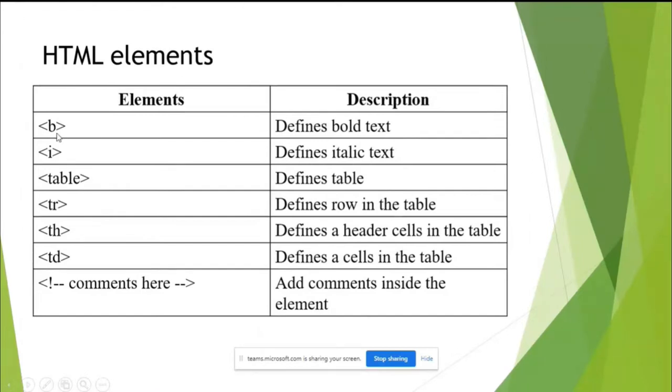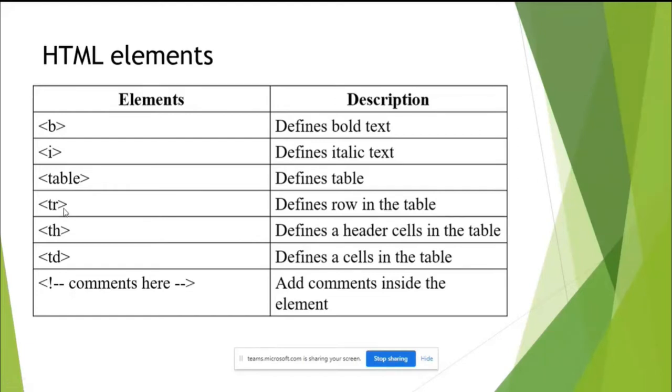Then we know these are formatting tags. Bold: if you want the text to be bold, give the bold tag. Then italic: if you want italic text, you can use that tag. Then table. If you want a table format, we can use the table tag.